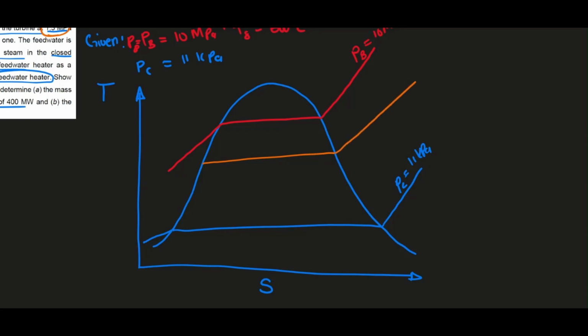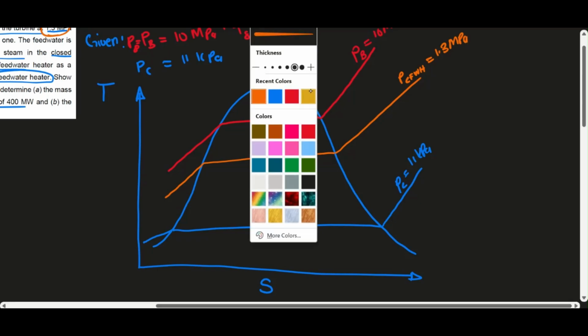So that's a constant 1.3 megapascal pressure line. You can say here maybe closed feed water heater, 1.3 megapascal, and change this to a different color.